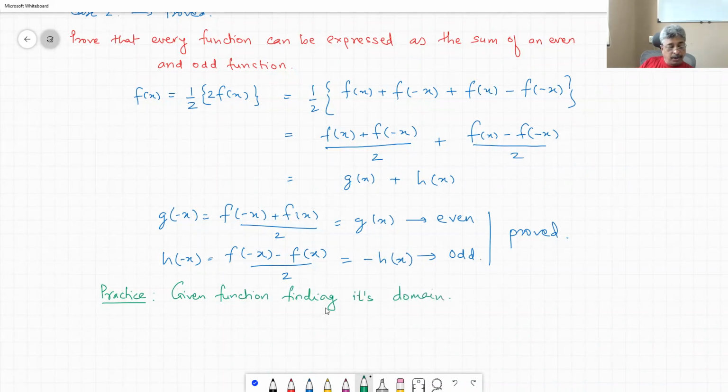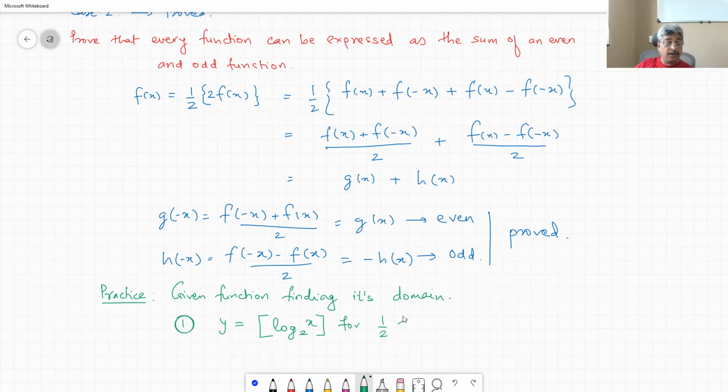Find the domain of, is a heading. Question 1, y is equal to greatest integer of log x to the base 2, for x between half to 4.